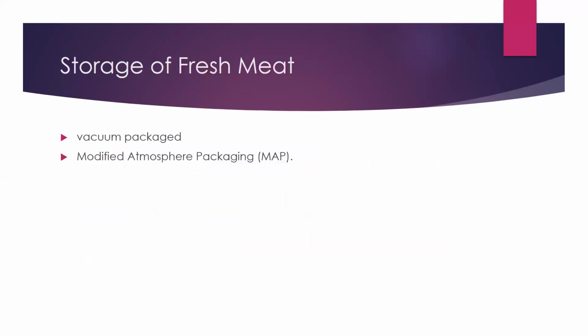Now, coming to the storage of fresh meat. Fresh meat is usually stored with the help of vacuum packaging and modified atmosphere packaging. MAP utilizes sealed high barrier packages in which the air has been replaced with a mixture of gases, which will reduce the rate of deterioration in the meat. Vacuum packaging is also used for the storage of fresh meats.